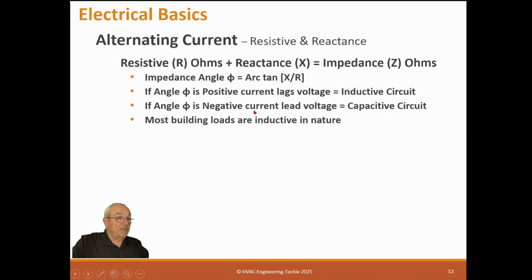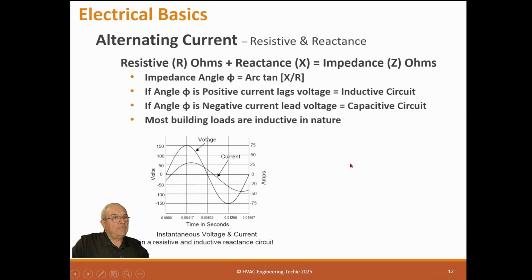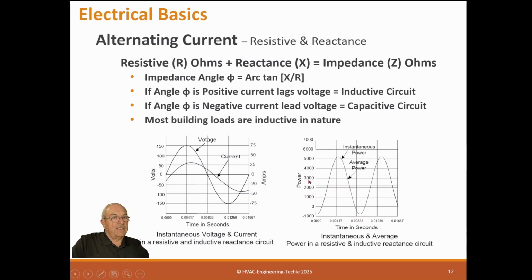Most buildings are inductive circuits, because a resistive circuit doesn't do anything, but if you put a motor on it, it's going to add reactance, and that immediately turns into a power factor, so it's now an inductive circuit. Here's this curve: this is the voltage, and this is the average power, with effective power at 0.7.